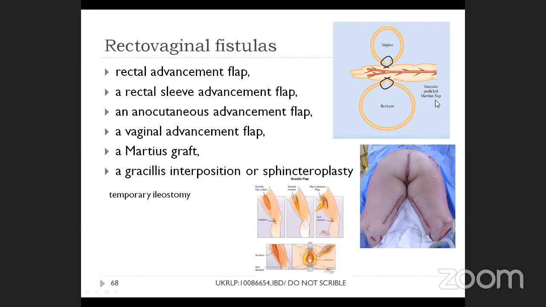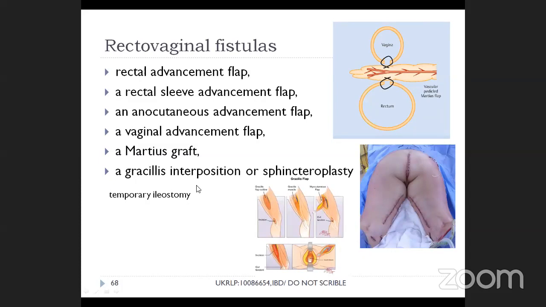There's something called a Martius flap, where the pedicle fat is brought between the fistula, between the two luminal surfaces, vagina and the rectum, and the vagina is closed, and the rectum is closed with a pedicled vascular flap between the two lumens, which helps in the management of rectovaginal fistula.